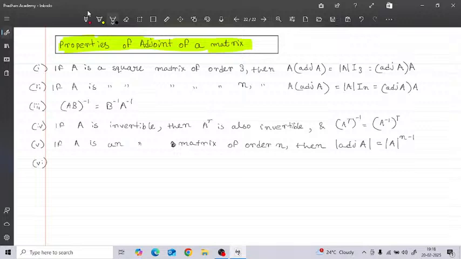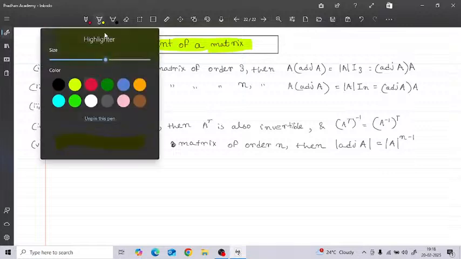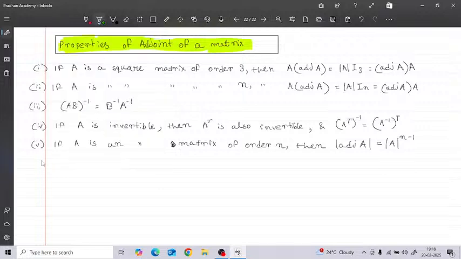Now the sixth property is, that's the last property. So these properties are very, very important for your exam. You will get MCQ questions, then you have to solve them using these properties.